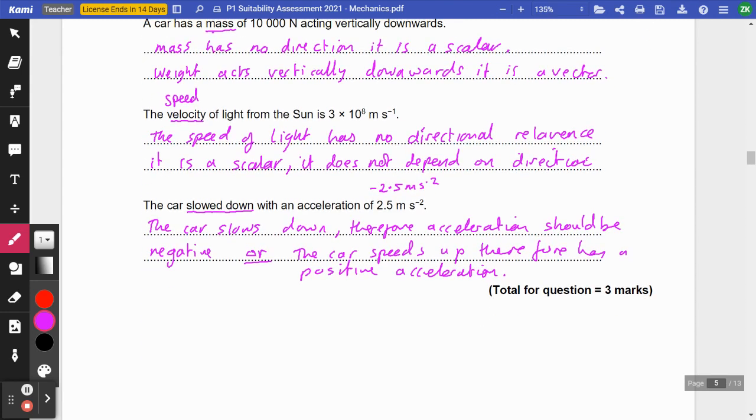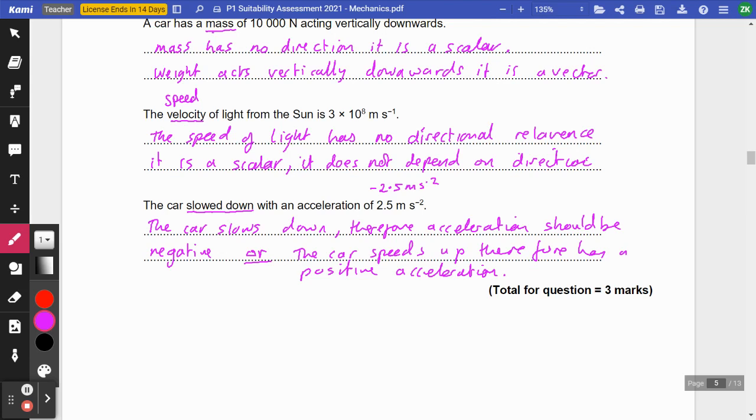Here you read the car slows down with an acceleration of 2.5 meters per second squared. So you're looking at slowing down. So the acceleration will be negative against the direction of motion. So the car slows down, therefore the acceleration should be negative.